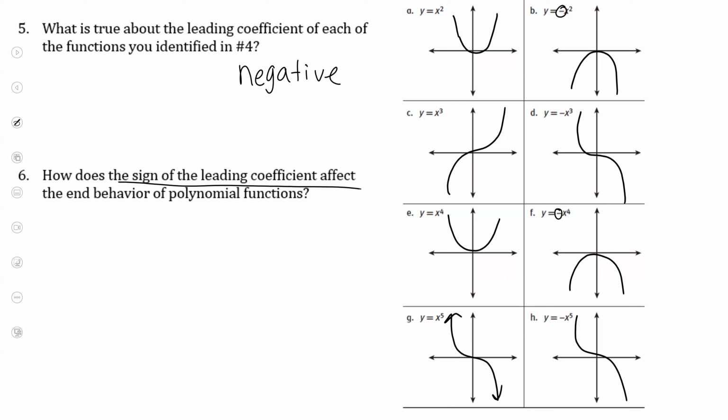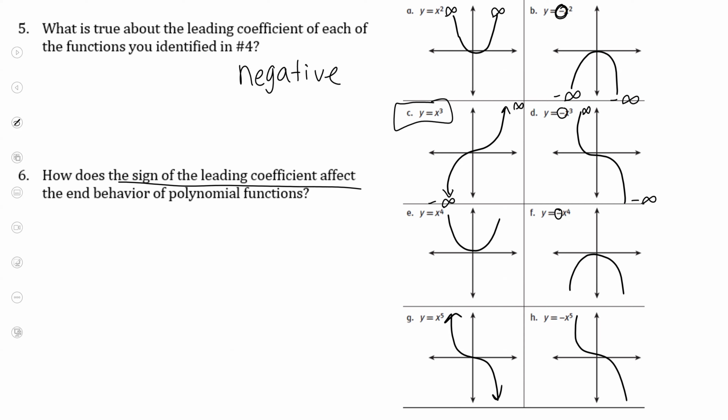So for this one, guys, the end behavior was infinity and infinity, but when you put a negative, it just made it the opposite, negative infinity and negative infinity. Let's look at this one right here. As you go to the left, what happens? It's going down to negative infinity. As you go to the right, what happens? Positive infinity. But look, when you put a negative in the front, you see how it's opposite now? This side is now infinity. This side is now negative infinity.